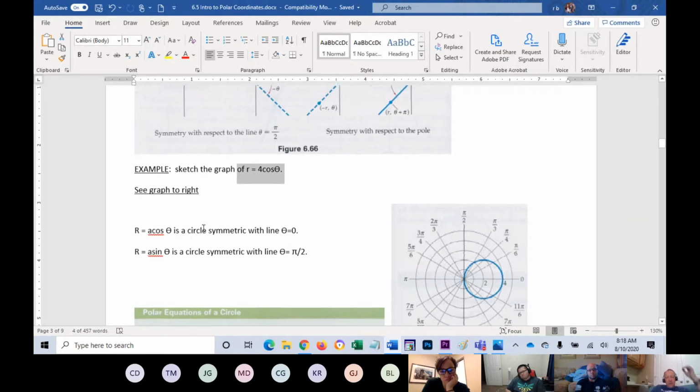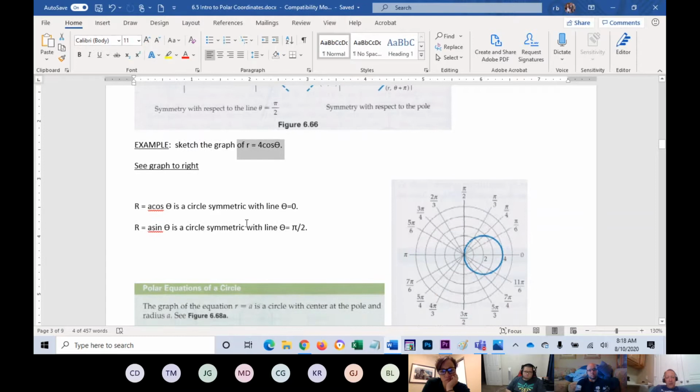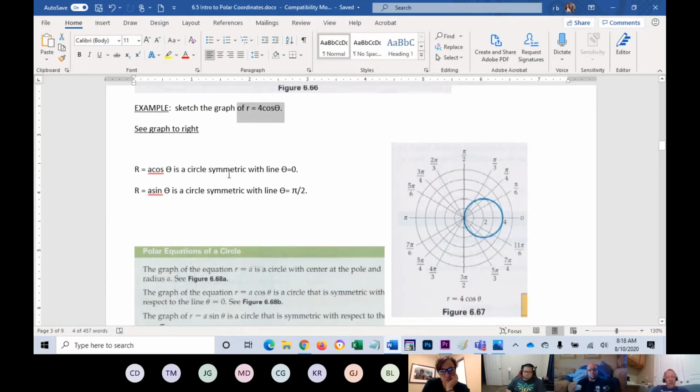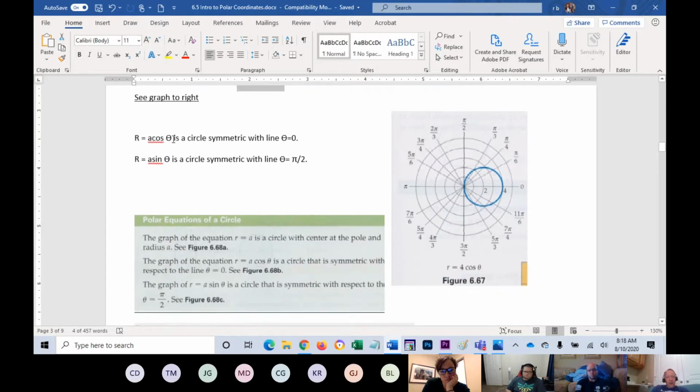There are different ways you can get a circle. r equals a cosine theta is a circle symmetric to the theta equals 0 line. r equals a sine theta is a circle symmetric to theta equals pi halves. So r equals 2 sine theta would be a circle of radius 1, just like that.